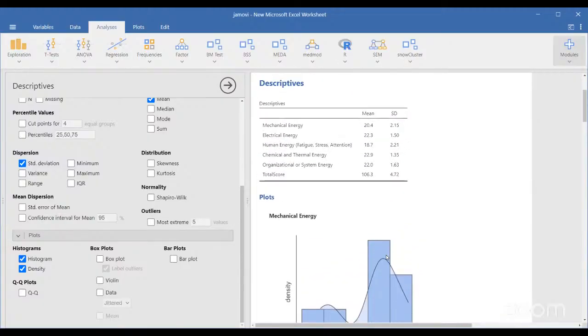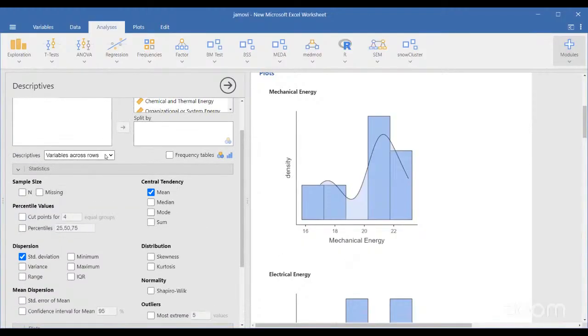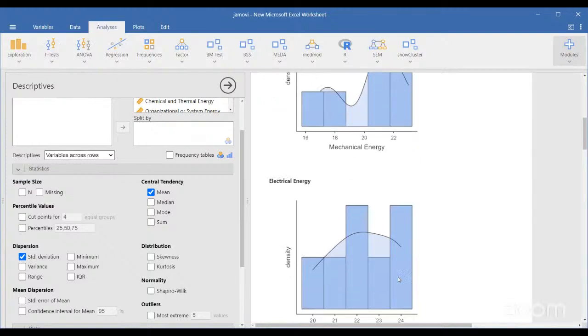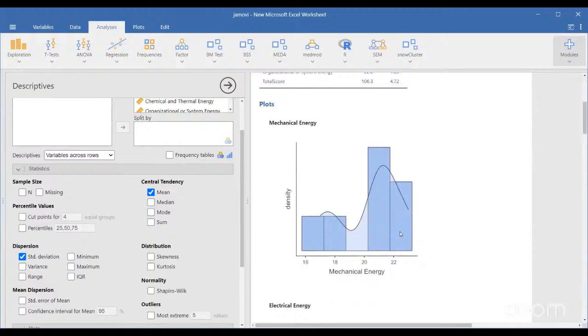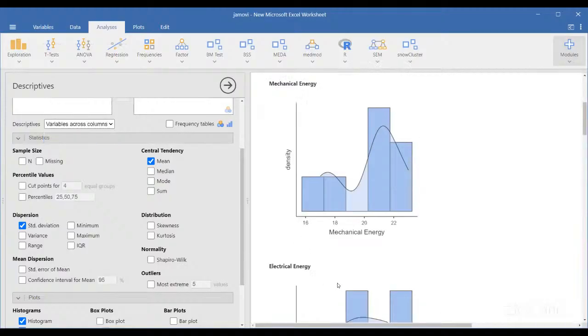Yes, sir. It is coming rows wise only. If I change to column, it is coming row wise also. Variables across rows, then we cannot identify the individual. Okay, so you want to identify that. Should I change it to columns, sir? Yes, do columns.